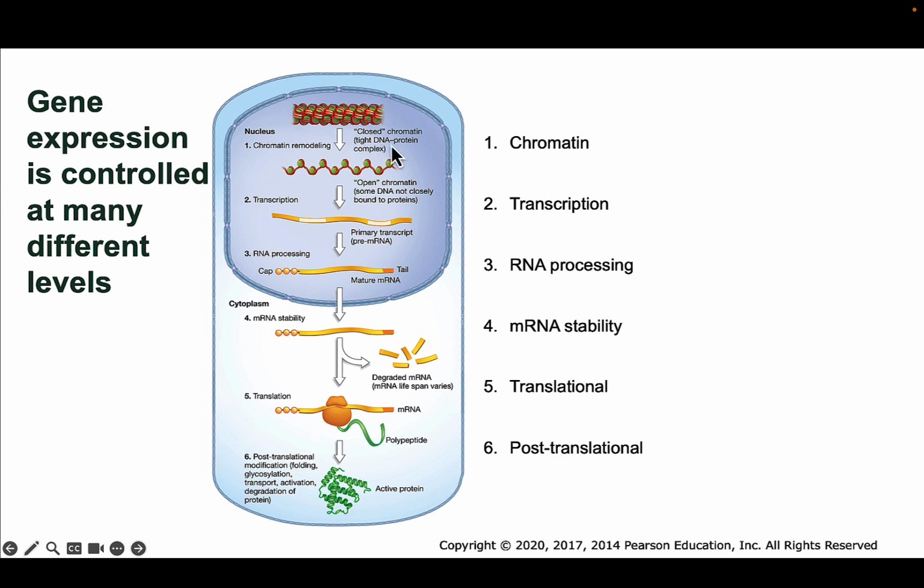And so this tight DNA protein complex is what we might call a closed chromatin state. And so the chromatin has to be remodeled or loosened so that RNA polymerase can access different promoter regions. And so this open chromatin can then be transcribed. So that's one example of gene regulation, that chromatin has to be opened before RNA polymerase can bind to promoters.